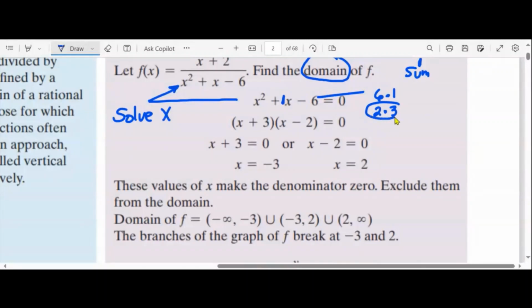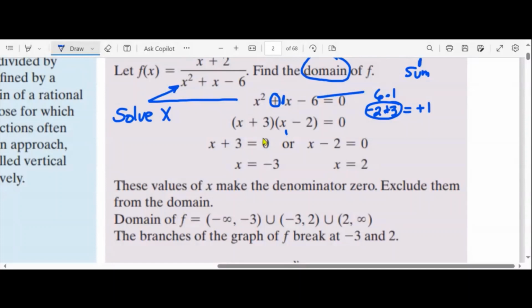The only one is 2 and 3. What about the sign? The middle term is positive, so you give the positive sign to the bigger one. Now if you add them together, the sum will be positive 1. So x plus 3, x minus 2 equals 0.